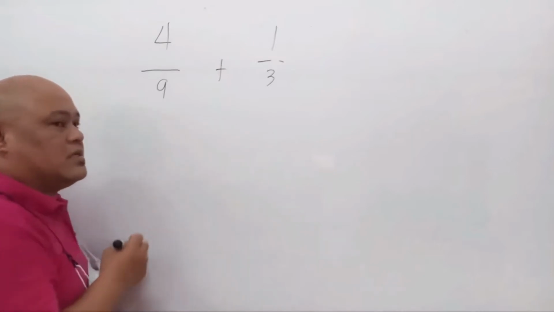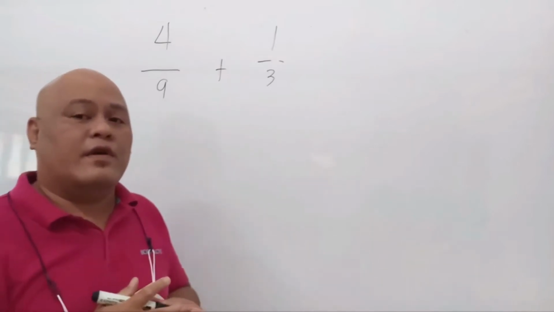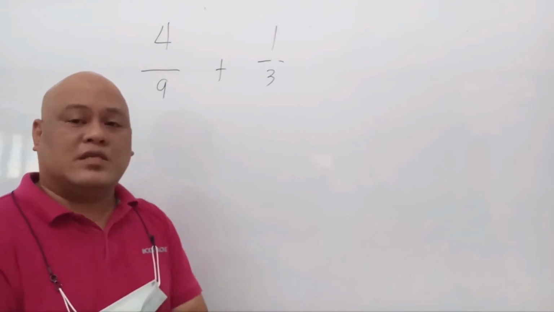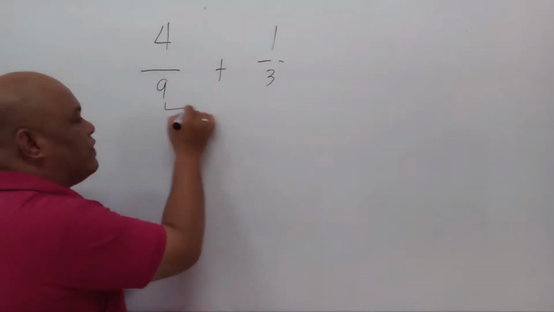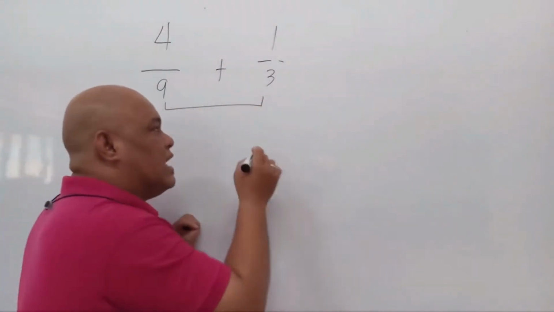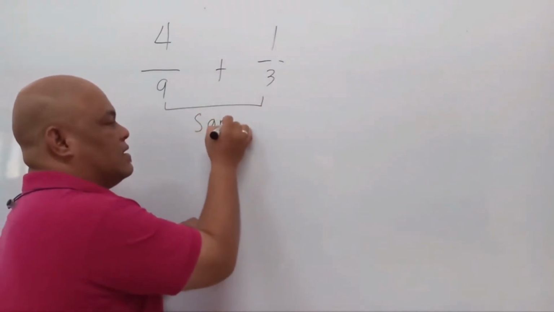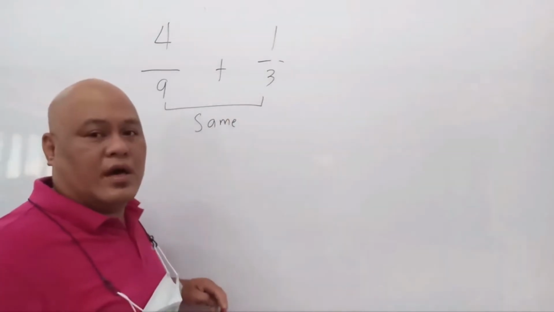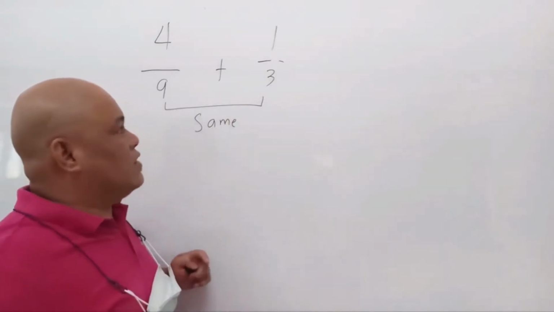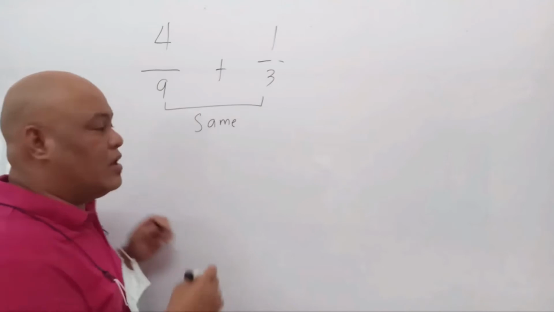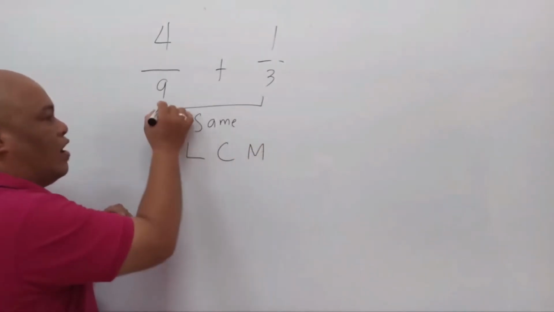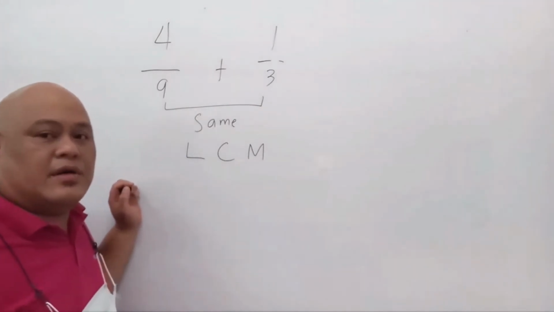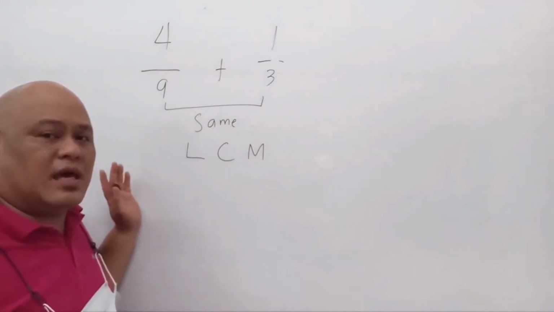Alright, now we are in addition of fractions with different denominators. This one is different from addition of fractions with the same denominator, because here we have to find a common denominator. To get the same denominator, you have to get the LCM of the numbers.